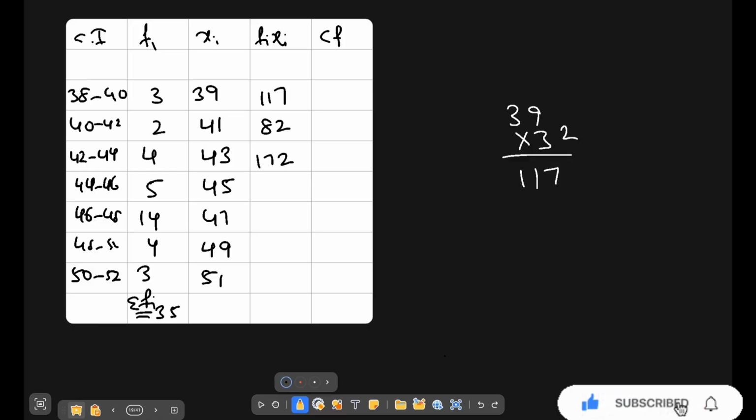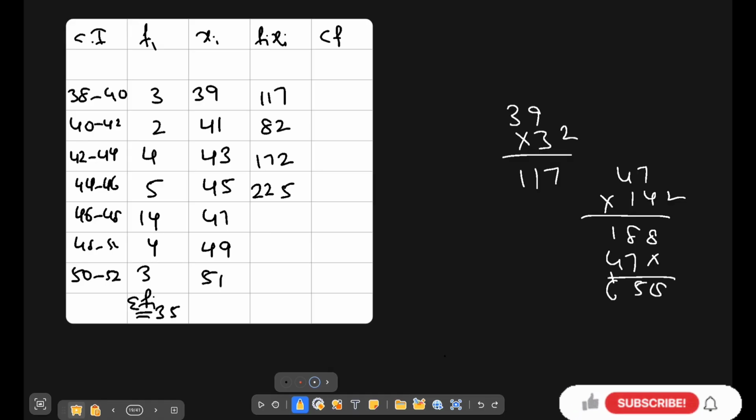Next 5 into 45, 5 5 is 25, 5 4 is 20, 225. Next 14 into 47, 658. So now this is 658.